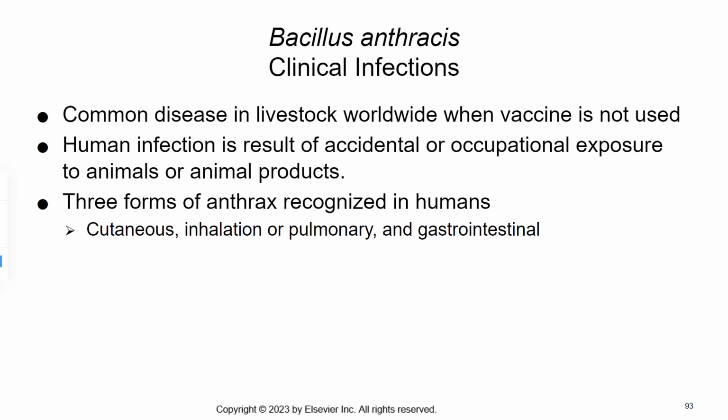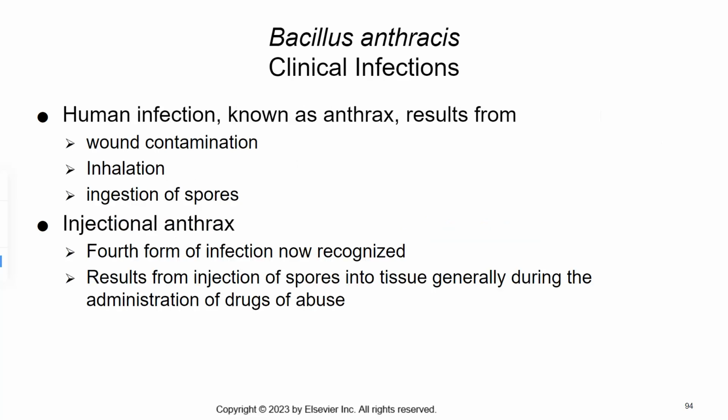Human infection is a result of accidental or occupational exposure to animals and animal products. There are 3 forms of anthrax recognized in humans: cutaneous, inhalation or pulmonary, and gastrointestinal. Human infection known as anthrax results from wound contamination, inhalation, or ingestion of spores. Bacillus anthracis is known to be on the surface of animals.